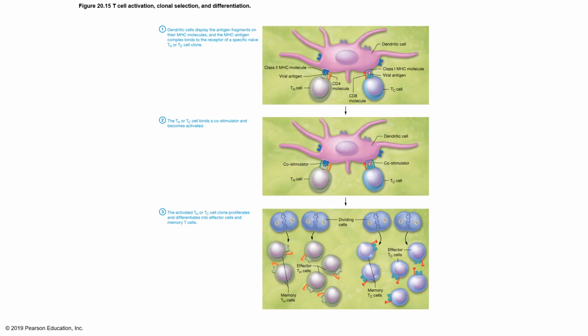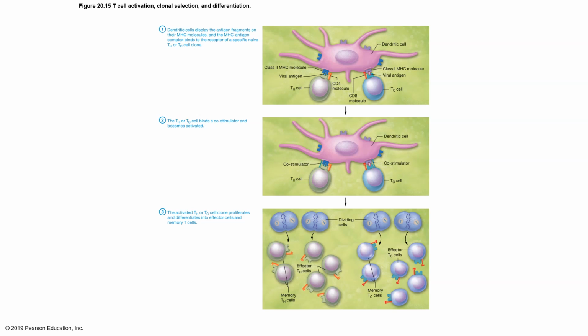Now, in the second image, the helper T or cytotoxic T cell can now bind this other molecule called a co-stimulator, and then it becomes activated. They're on the opposite side of the CD4 molecule, and the co-stimulator on the cytotoxic T cell is on the opposite side of the CD8 molecule.